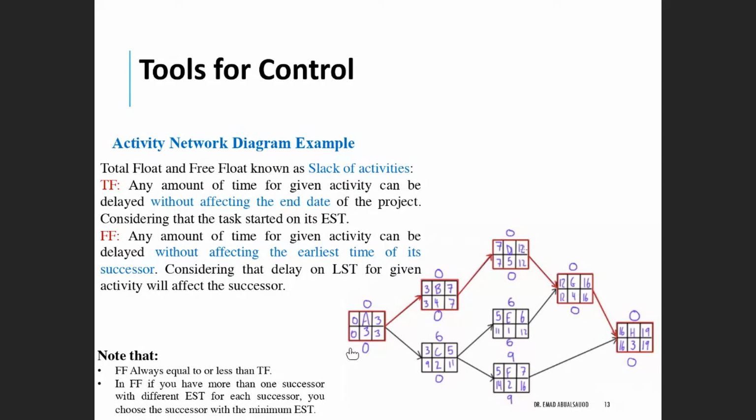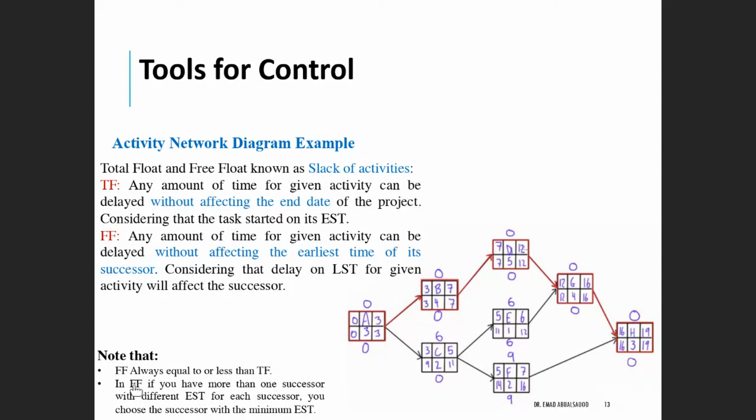But for those with total float more than zero, you have to calculate it. Also, for verification, the value of the free float will not exceed the value of the total float. So this is a verification point to make sure that your calculation is correct.